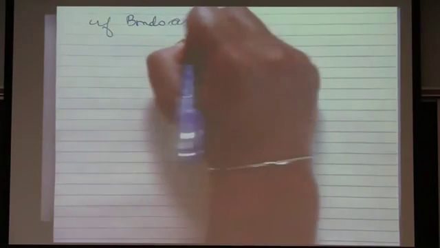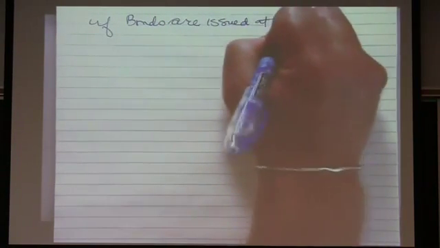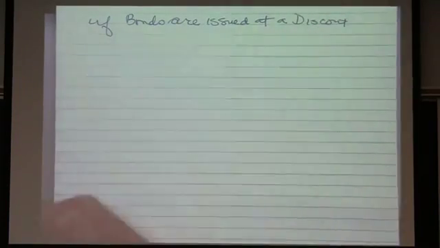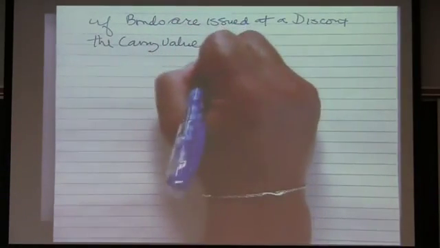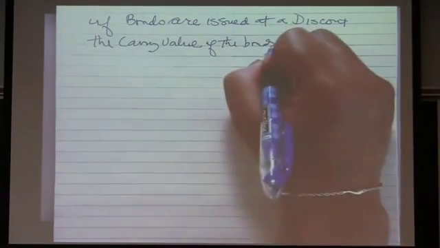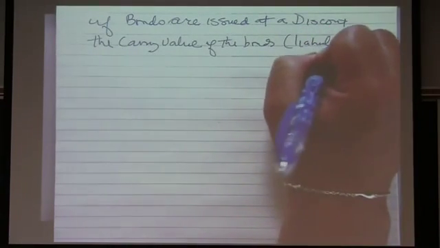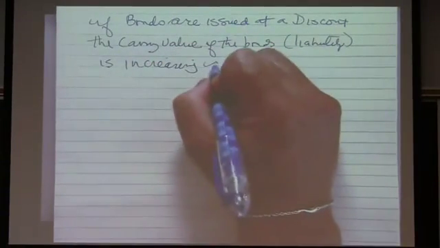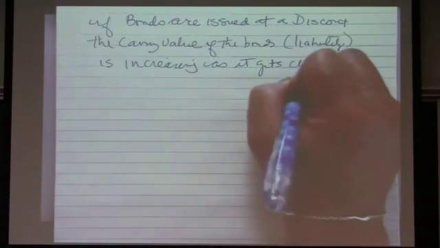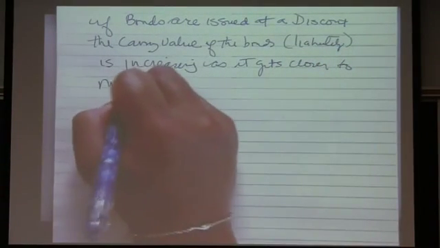So the key takeaway here is that if bonds are issued at a discount, the carrying value of the bonds, which is the liability, is increasing as it gets closer to maturity.